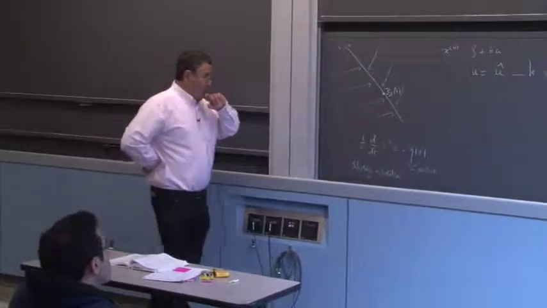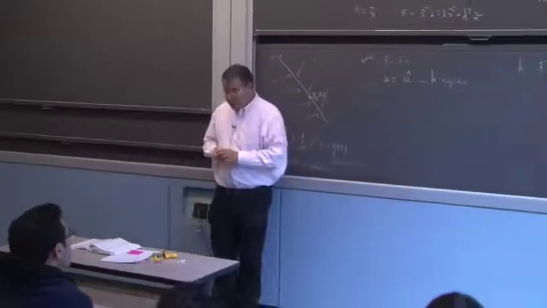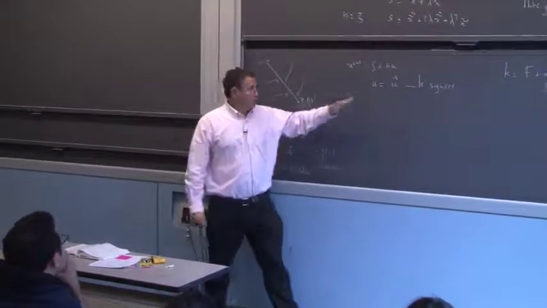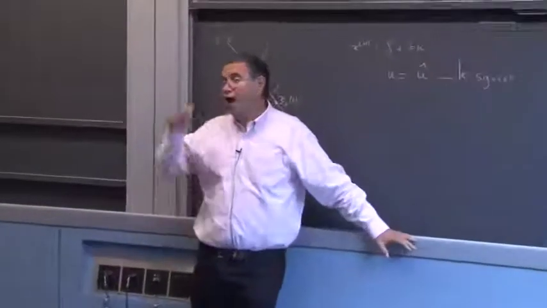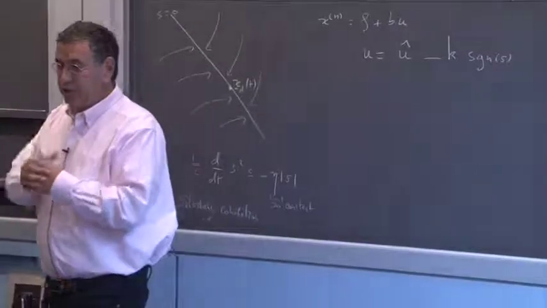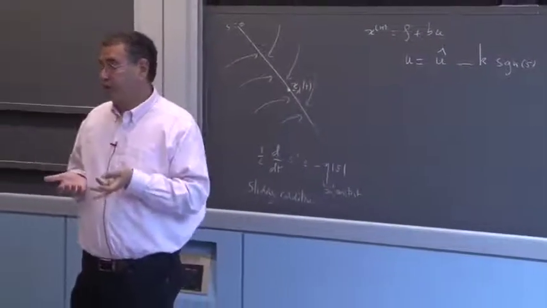That's pretty much where we were. We said two things may happen. We stop here and it's perfectly fine. We have this discontinuous term, whose size increases with the uncertainty.